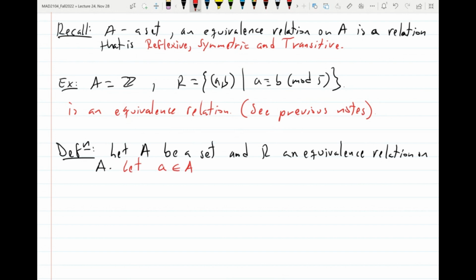And how do we define this? It's going to be a subset of A, and those are all the elements in A that are related to this guy.